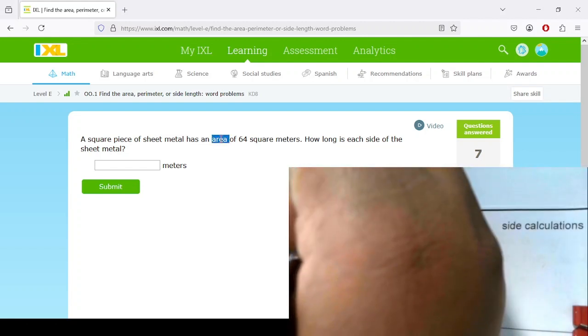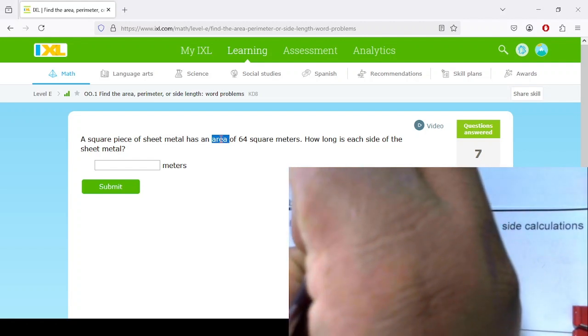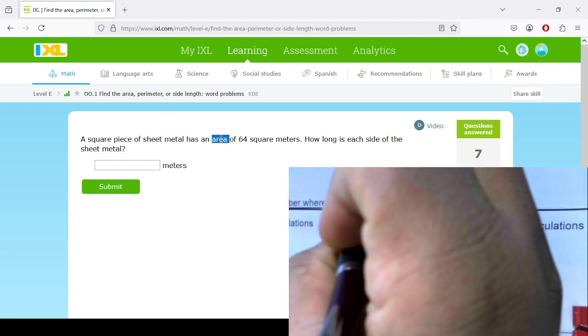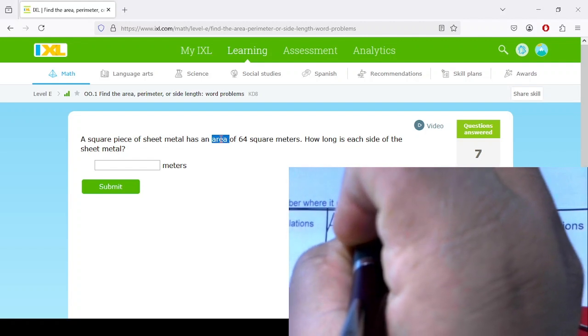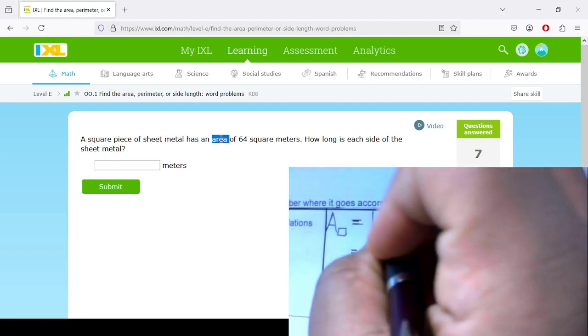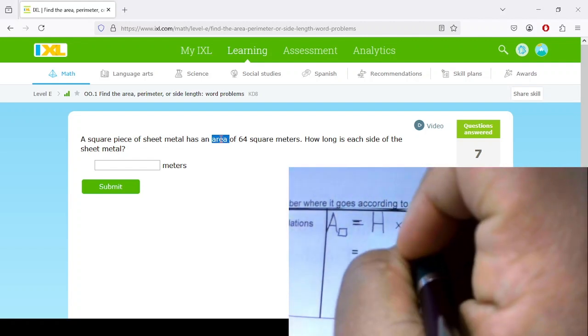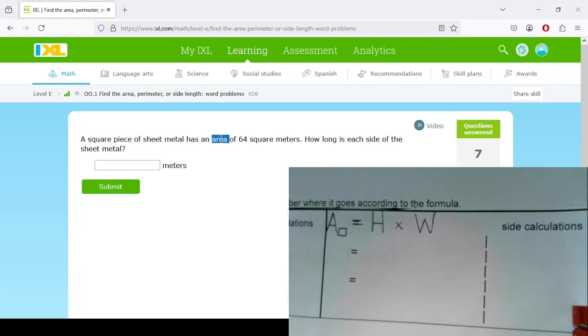So the area of a rectangle is calculated by multiplying the height dimension by the width dimension. And they tell me that this is a square.